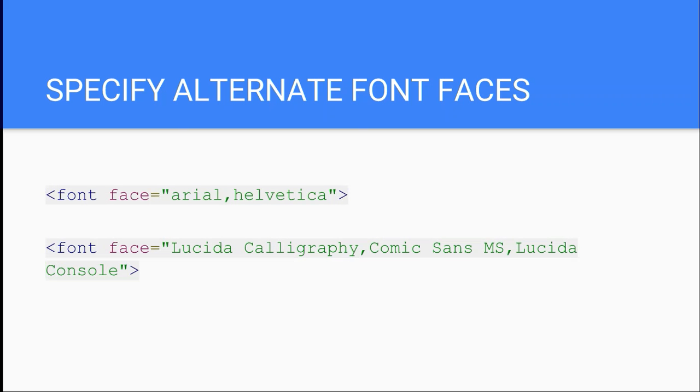And the next option is specify alternate font faces. A visitor will only be able to see your font if they have that font installed in their computer. So it is possible to specify 2 or more font faces for the alternative by listing the font face names separated by comma like this.